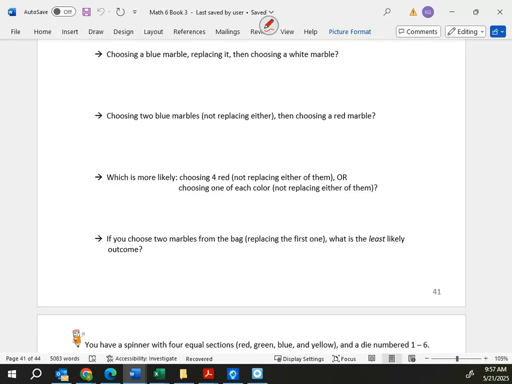What did you get for the blue marble probability? What fraction? Kylie? There are 5 blue marbles over 20. What was the white marble probability? Bennett? 7 over 20. There are 7 white marbles.